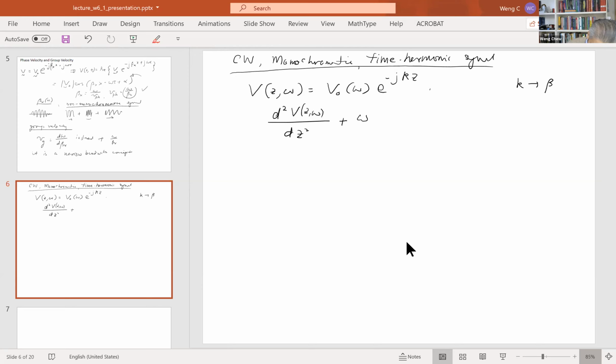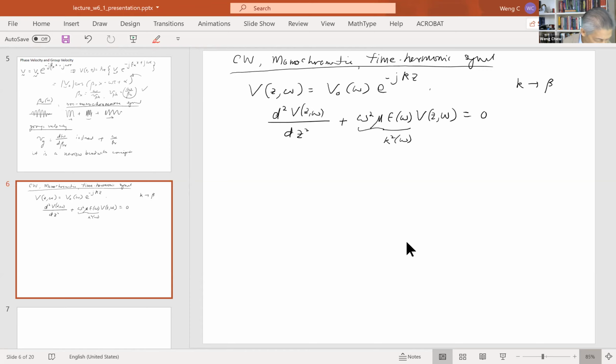Okay, and we have derived that before for a component of the electromagnetic field like the E field, and I can call this my K square, which is a function of omega.